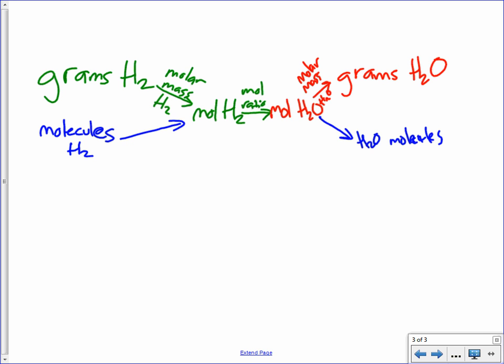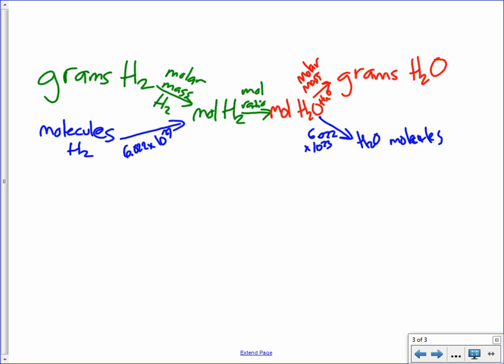Okay, so it's the same process, you just use a different conversion factor. You would use Avogadro's number. Okay, which in this case you'd have the same number of hydrogen molecules as you would water.